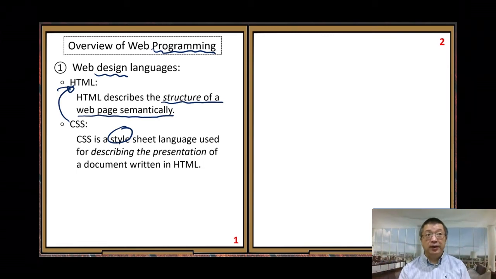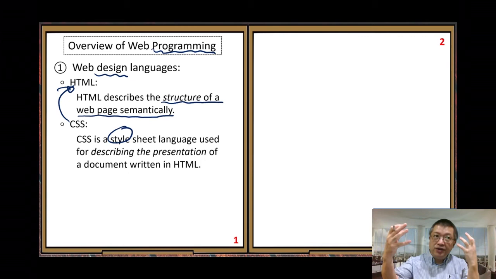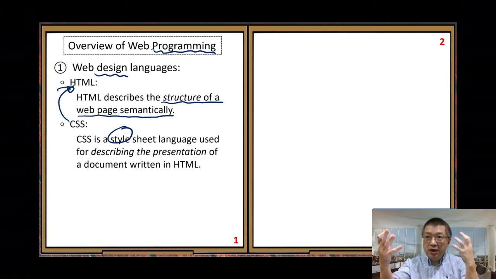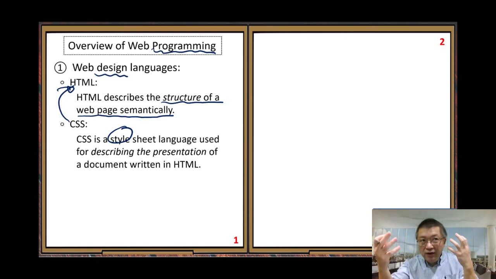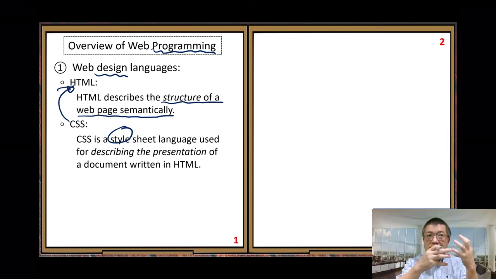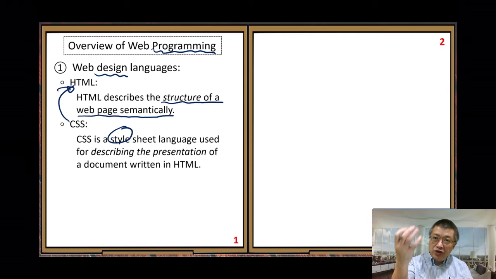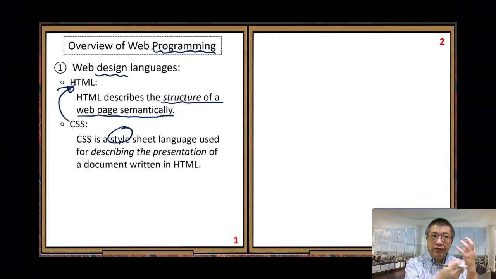There is an HTML document first, then you can have CSS, either as a file, or you don't need a file. You just put CSS rules inside your HTML document. We will learn that part later, but the CSS part should work with an existing HTML document.